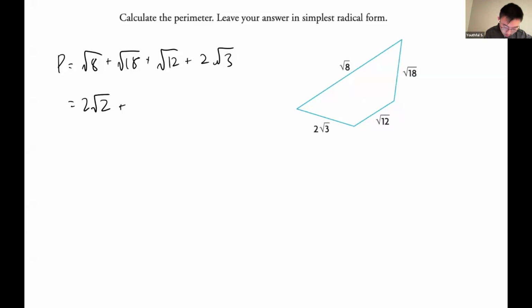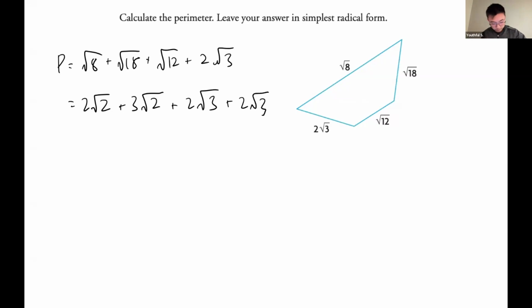So 2 root 2 plus, now root 18 is equal to root 2 times 9. So I can take out the 9 and get a 3. So 3 root 2 plus, here we have 3 times 4 equals 12, so we can get rid of that. And then we have 2 root 3.